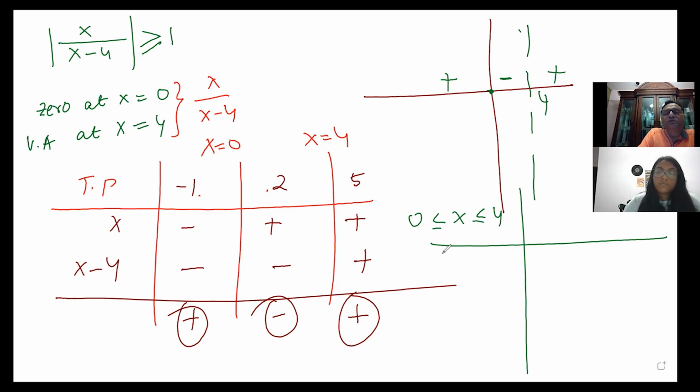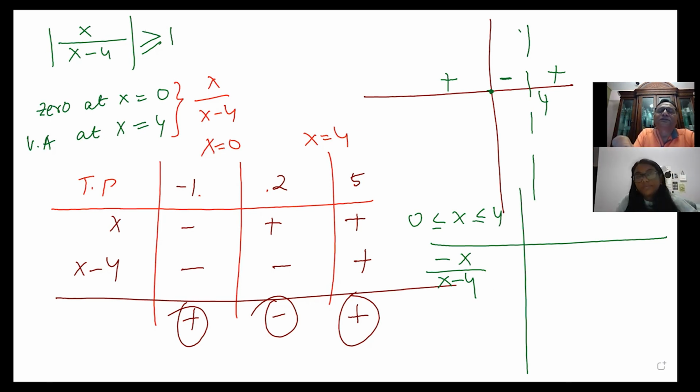So this absolute function will be defined as minus of x over x minus 4, because it will become positive, right? Why is it minus x? Because it's an absolute value.